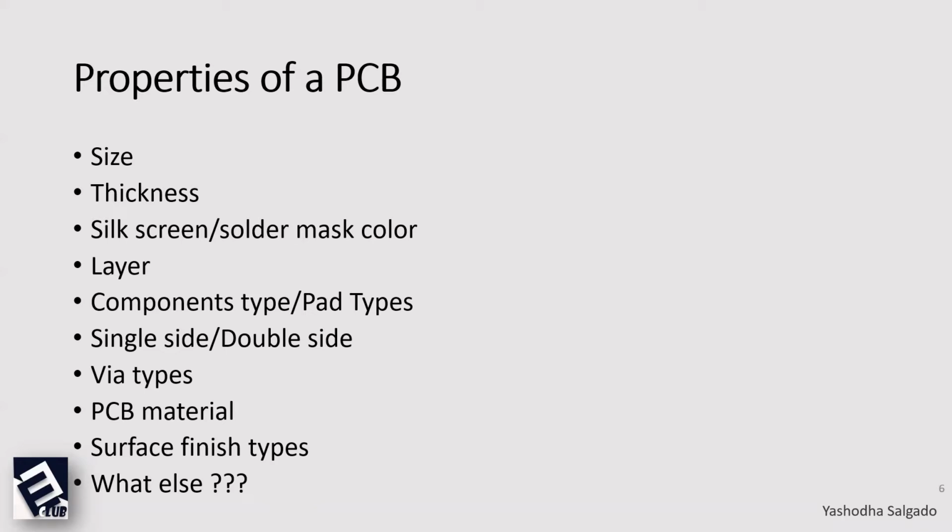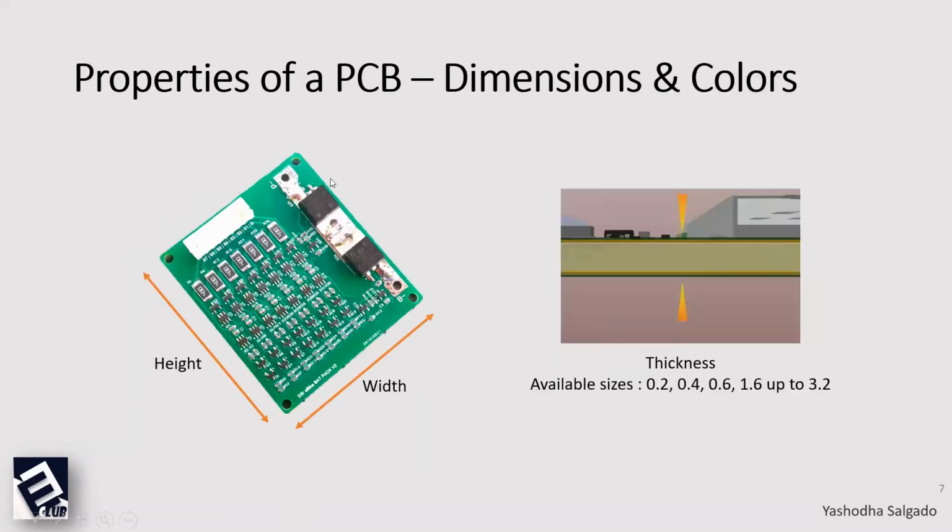Okay, the first one is size. Actually, I hope you all know size. What is the size? It refers to height and width. Then thickness. Thickness is the thickness of a PCB, but there are only some available sizes. You cannot have any size you want. There are specific sizes available for thickness.